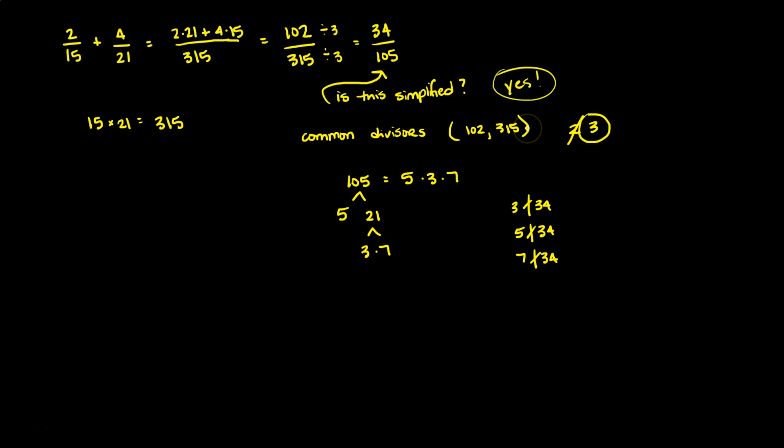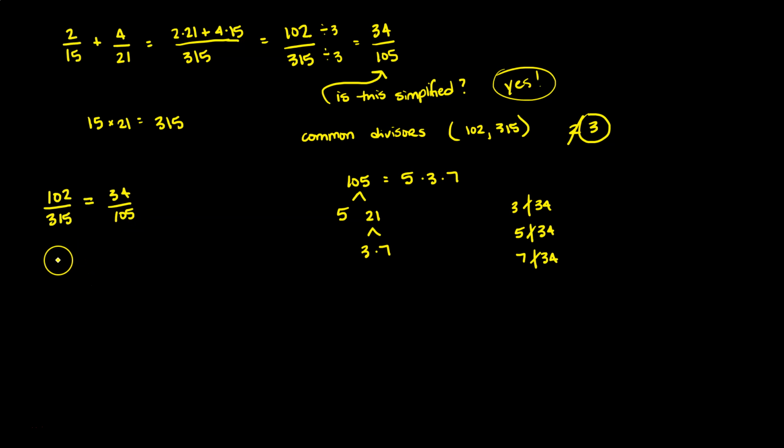Simplified answers are the best answers, so always take your time to see if you can simplify. And remember that you can check to see if you simplified correctly by seeing that you have equivalent fractions. So if you did 102 over 315, it should be true that that's equal to 34 over 105.